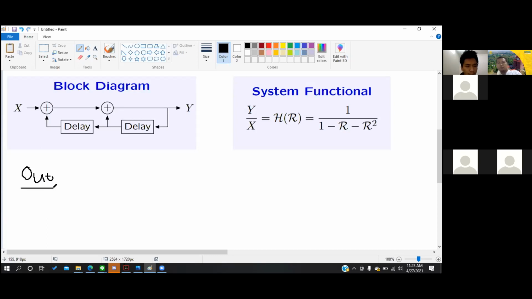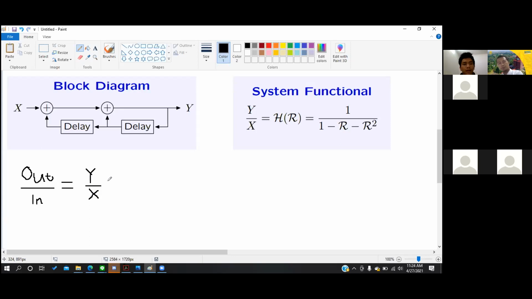Please excuse my writing. Now here in this block diagram, the output is Y and the input is X. So we just write that it's Y divided by X.